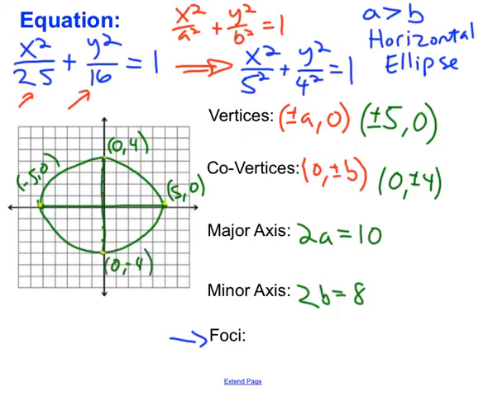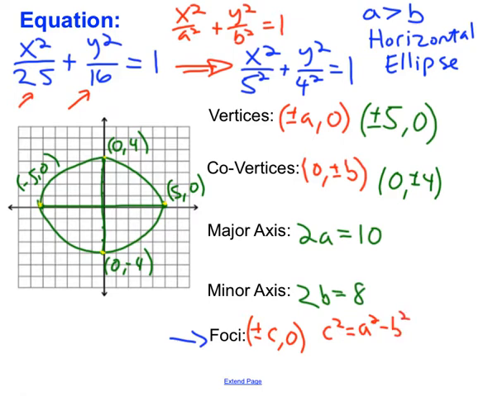All right, now what about the foci? The foci are located at, for a horizontal ellipse, plus or minus c, 0. But to find c, we need to use an equation. If you remember, in the last video, we looked at the equation c squared equals, and in our case, since a is bigger, a squared minus b squared for a horizontal ellipse.